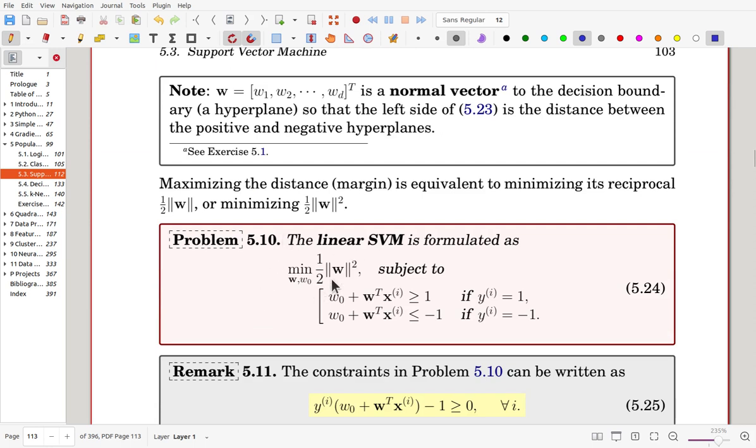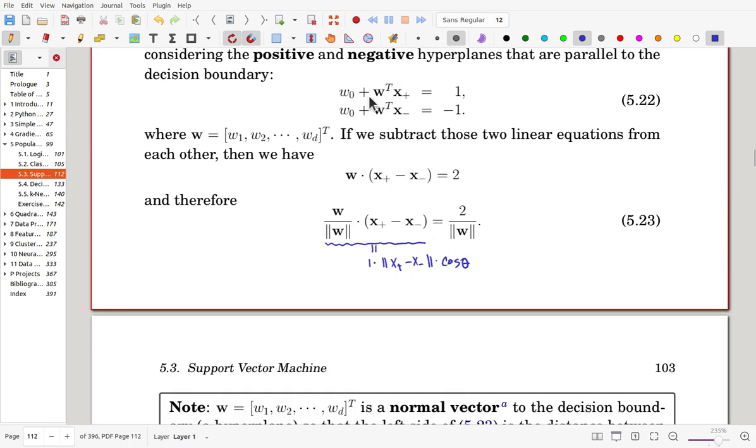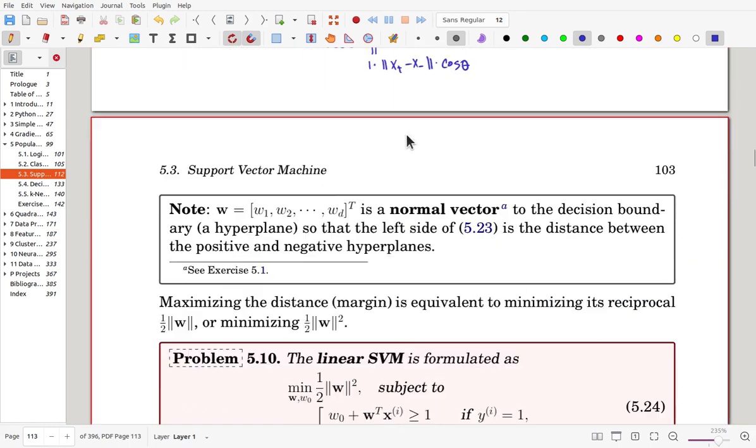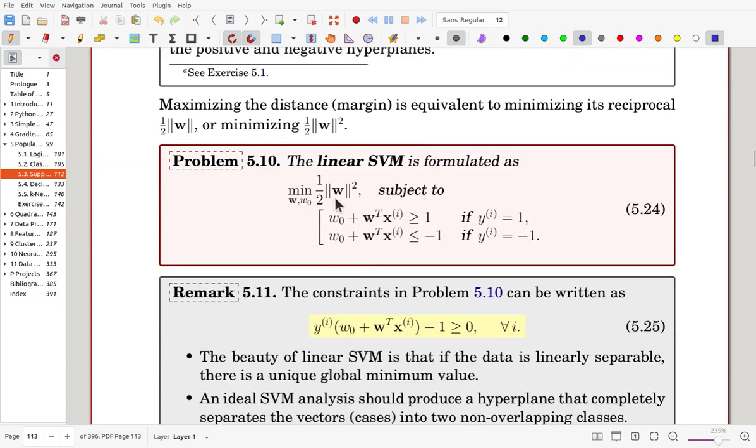We try to minimize W. Of course, when we use the W notation, sometimes we use it without including W0, but sometimes W is expanded to a vector including W0 at the beginning and then W1 to WD, that is D dimensions.